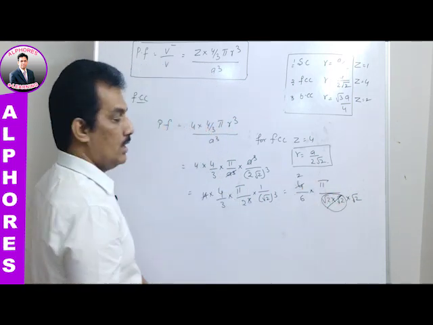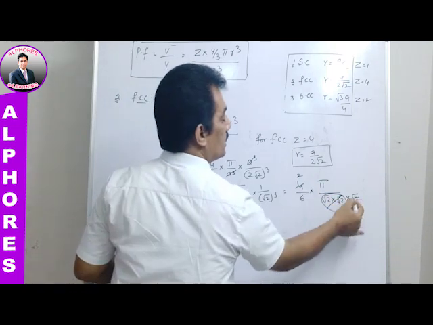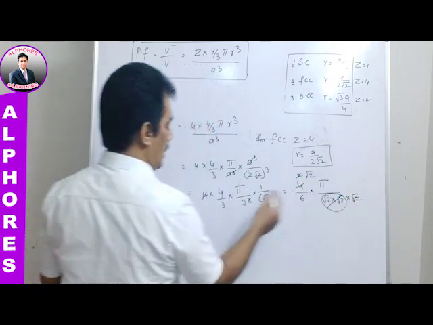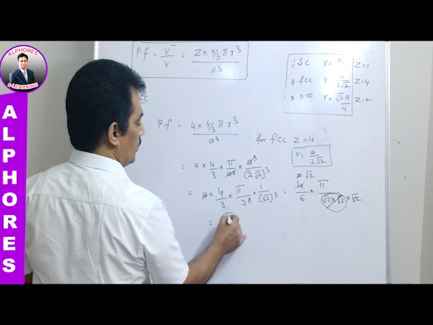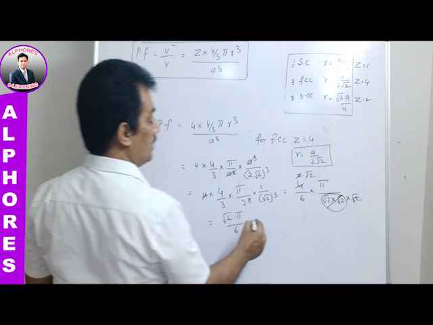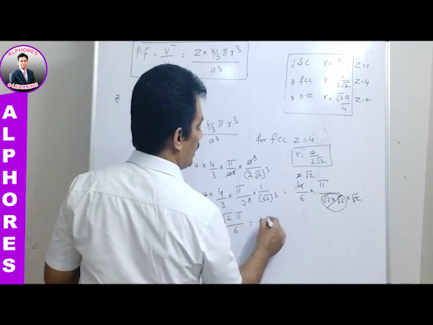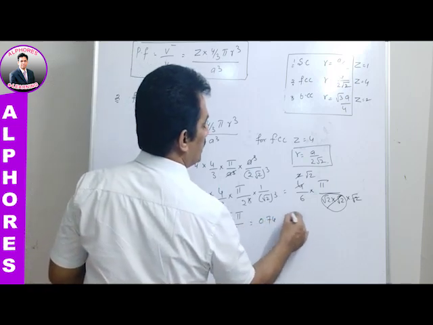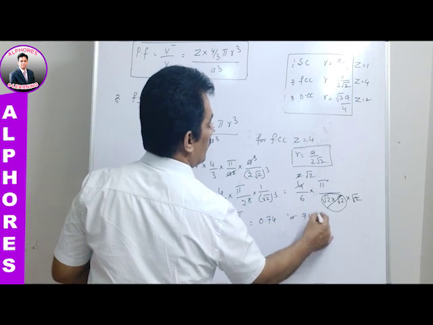And now √2 by √2 is nothing but √2. Finally we are getting √2 π by 6. This value is 0.74, or it is equal to 74%.